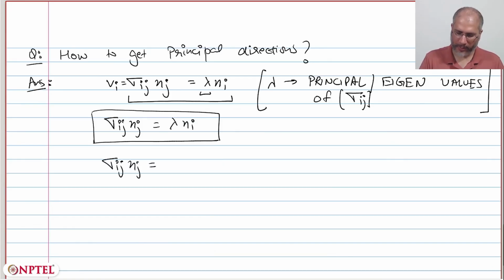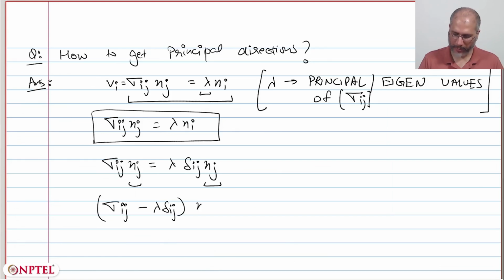So I can write the right hand side as lambda times delta ij times nj, using the substitution property of delta in opposite. And why did I do that? Because I wanted to have nj as common, and then I'll move everything to the left hand side. So this becomes sigma ij minus lambda times delta ij, times nj, equals 0.